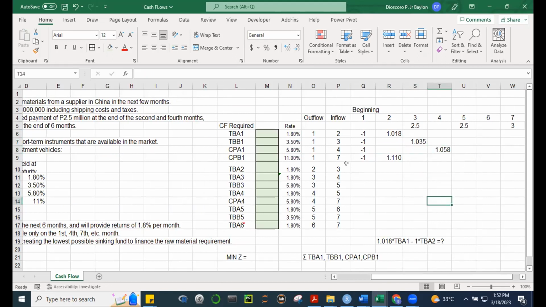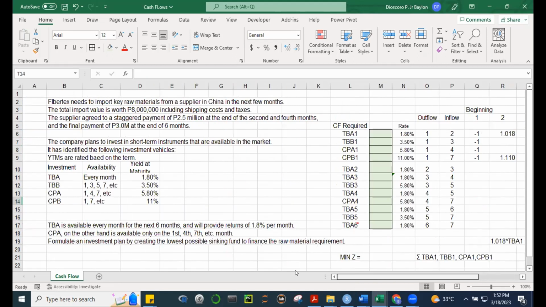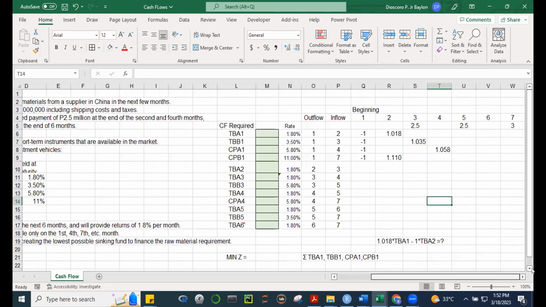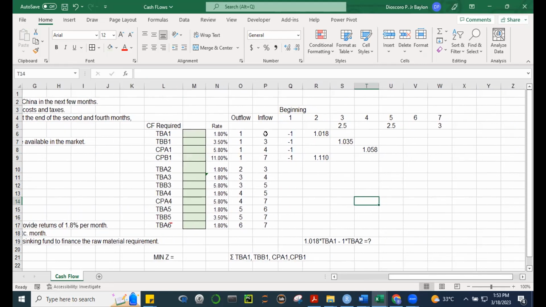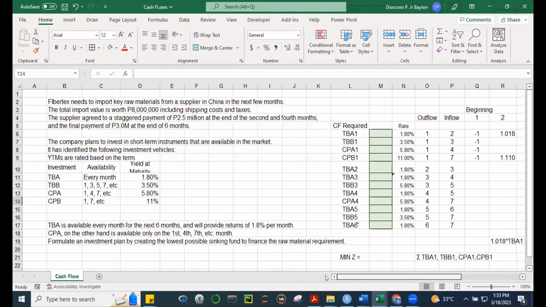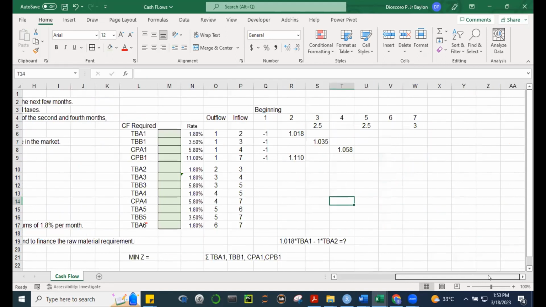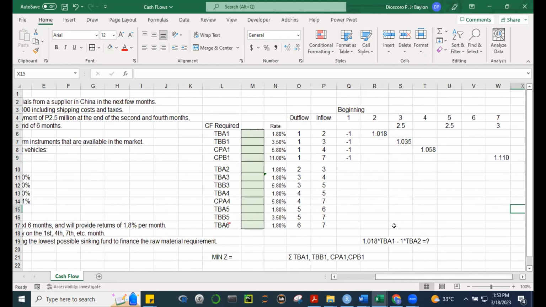And then CPB is 6 months duration. Okay, 6 months. All right.